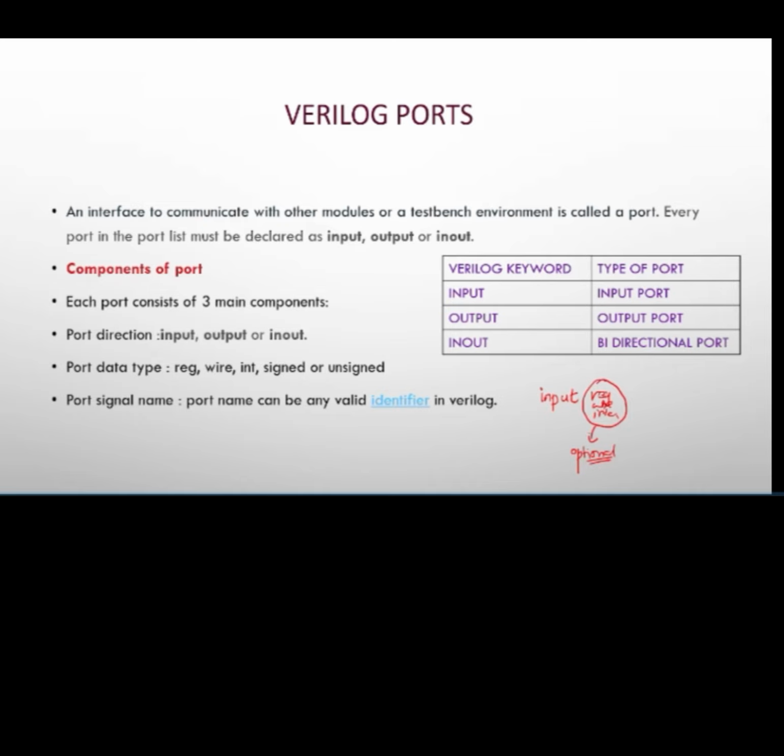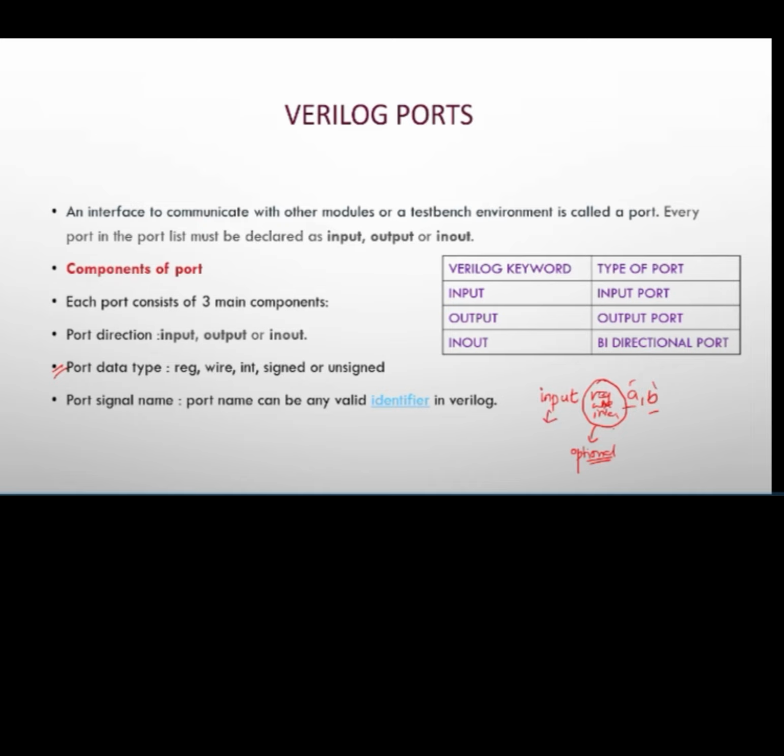And then the signal name, for example a, b. These are identifiers. I have already discussed identifiers in the lexical tokens topic, you can go there and check it out. So this is how we declare a port in Verilog.